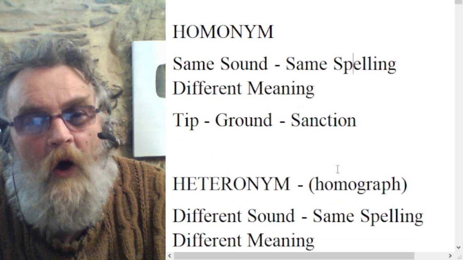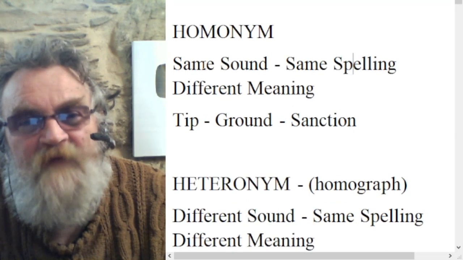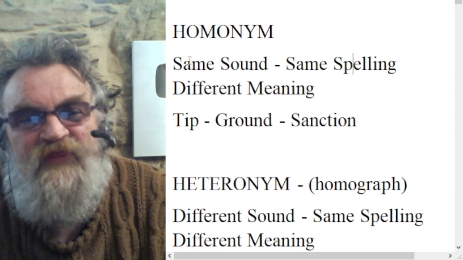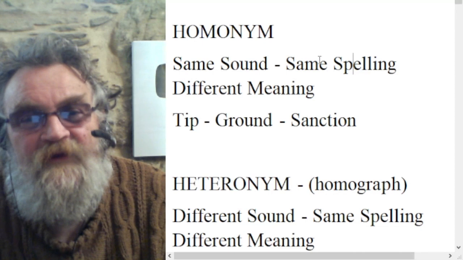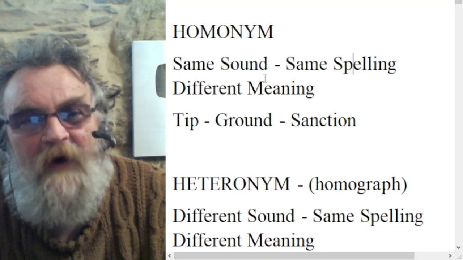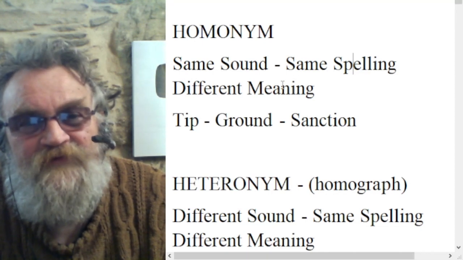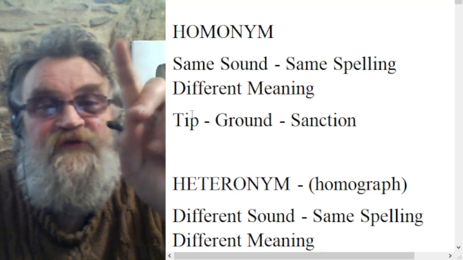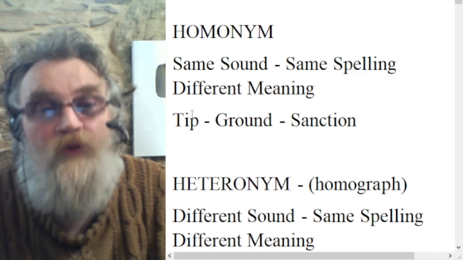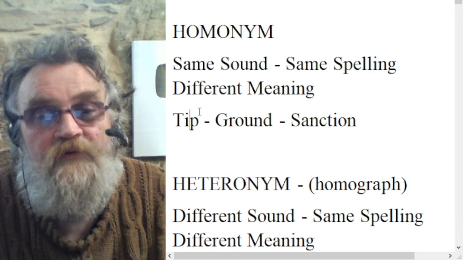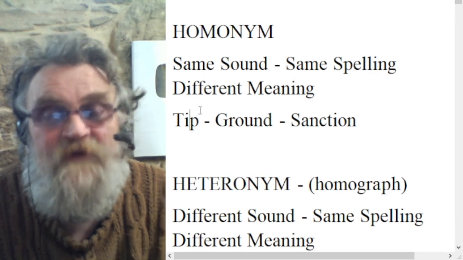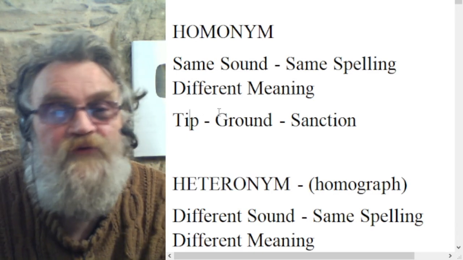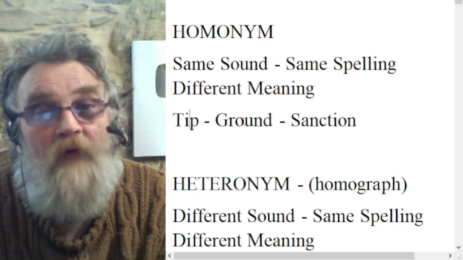Okay, let's look at these though. So, homonyms. A homonym are words with the same sound, the same spelling, but different meanings. So, for example, tip. You can have the tip of your finger, or you leave a tip in a restaurant, or could you give me a few tips as to how to do this? Ground.